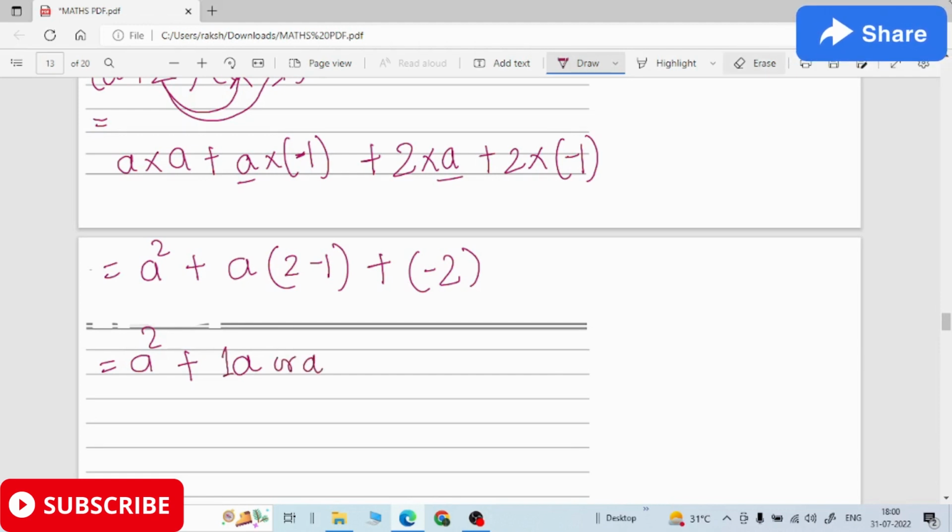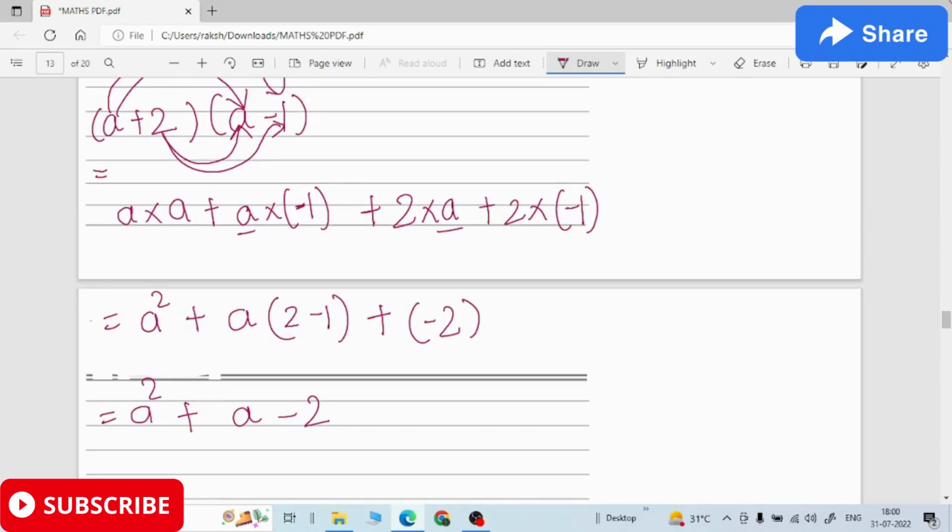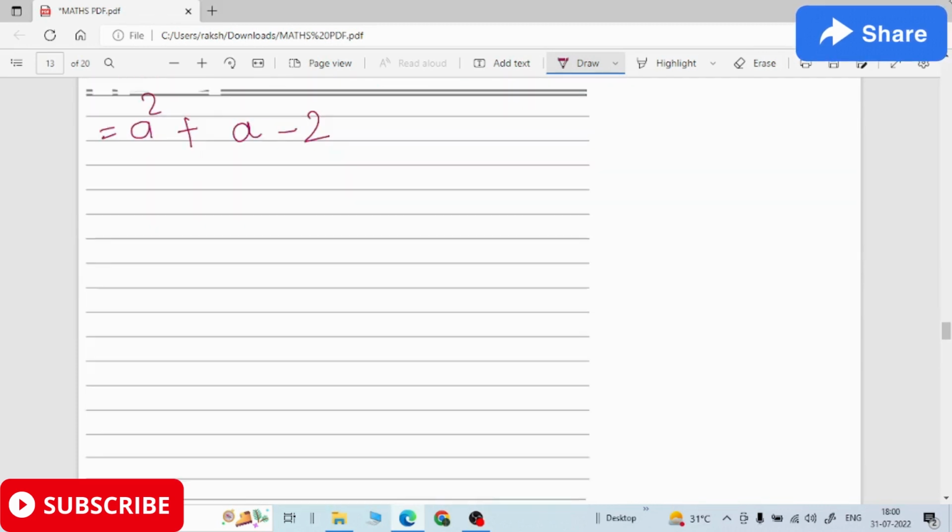So the answer is a square plus a minus 2.